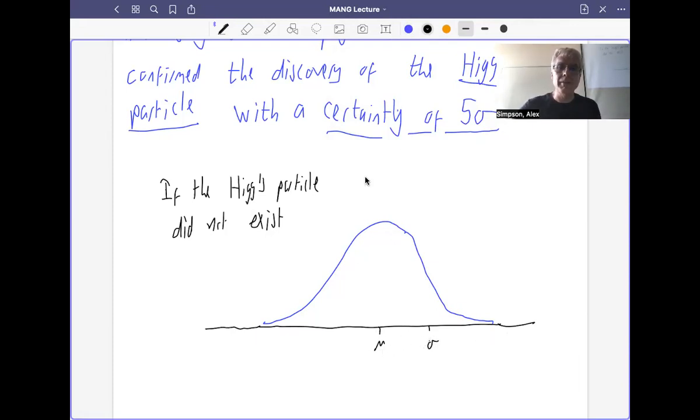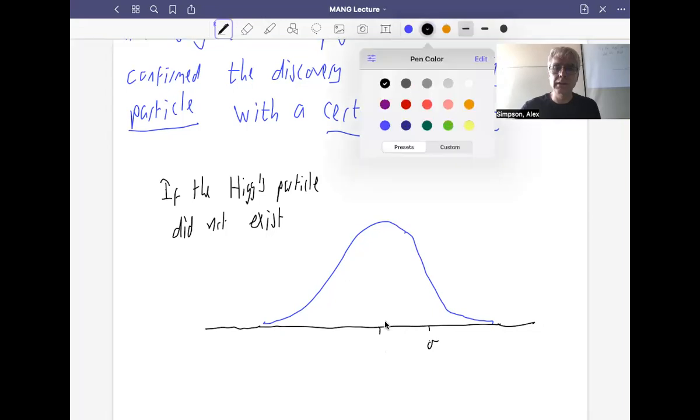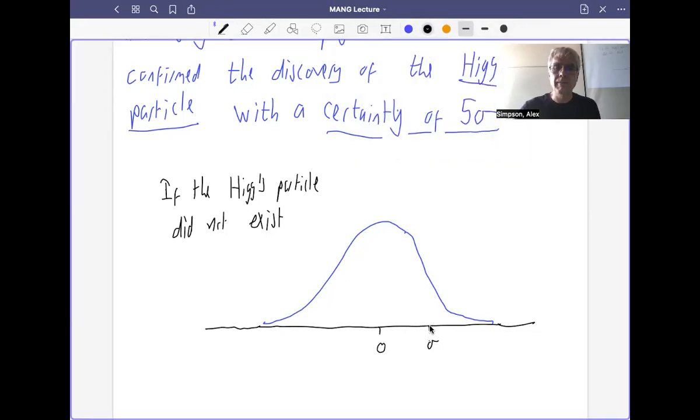Let's normalize the results to just say this is 0. They could pretty well get a value up to here and so on.